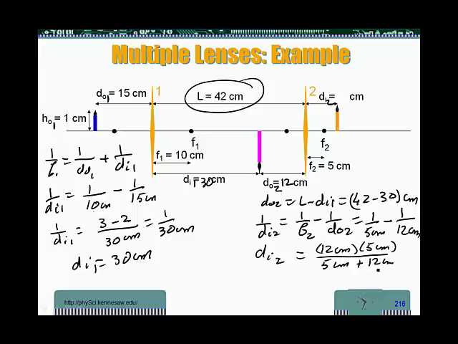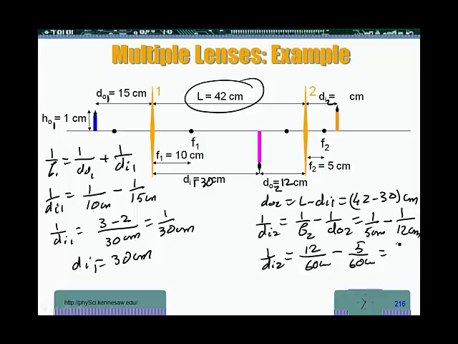No, actually, my apologies, this is totally wrong. So I'm going to put the same denominator again. So 1 over DI2 is equal to 12 over 60 centimeters minus 5 over 60 centimeters.